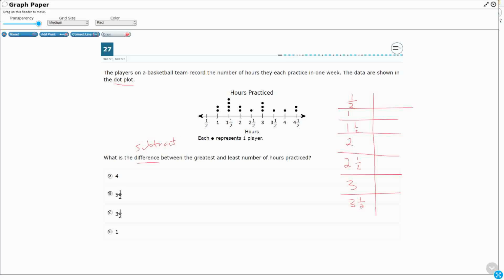Let's get our 3.5, 4, 4.5. All right, so we've got nothing at that 1/2, so we're going to leave that blank, okay? And so I'm going to put hours practiced right here. Right, I've got 2 at the 1. I'm just going to go ahead and put some tally marks, and then I'll put the actual number there, right?